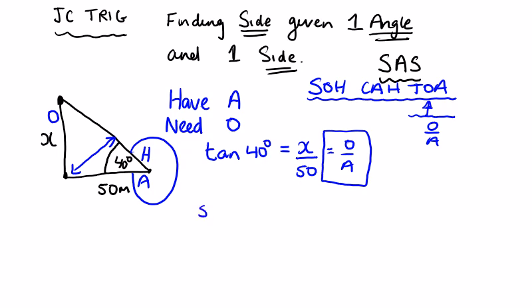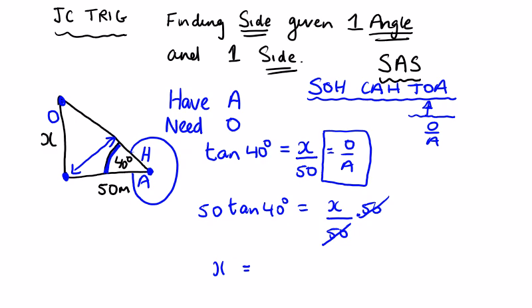So if we multiply both sides by 50, we get 50 tan 40 is equal to, well, technically it would be X over 50 times 50, so the 50s cancel, so it just leaves X, which is the height of the building. And if you type into your calculator 50 tan 40, you've done your first experiment in trig, measuring the height of a building with a 40 degree angle.